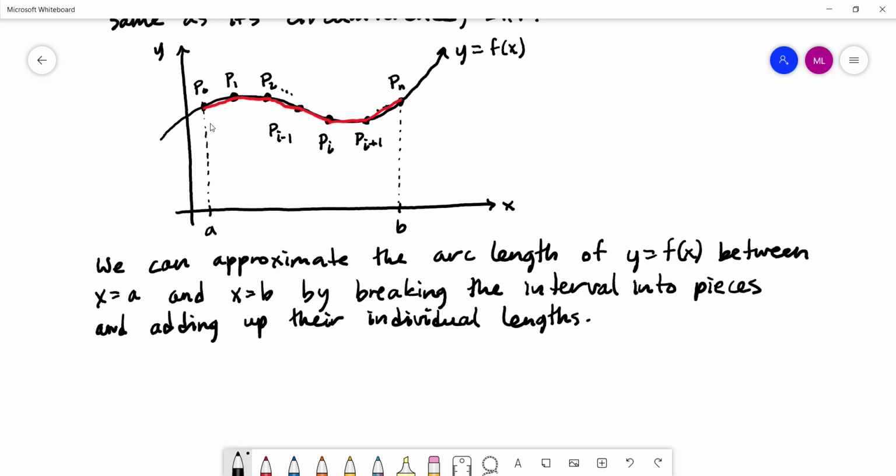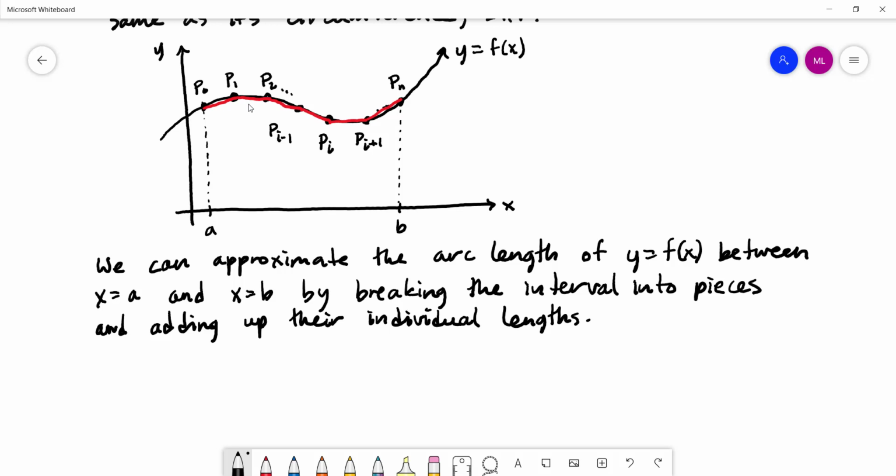And so that's the idea that we're going to follow here: instead of following the actual curve, we're just going to find straight line distances. I don't know how to find a curve distance, but I do know how to find a straight line distance. So we're going to find that straight line distance, and then we're going to apply a limit to let the number of points that we're using in our approximation go to infinity, and the distance between the points go to 0.